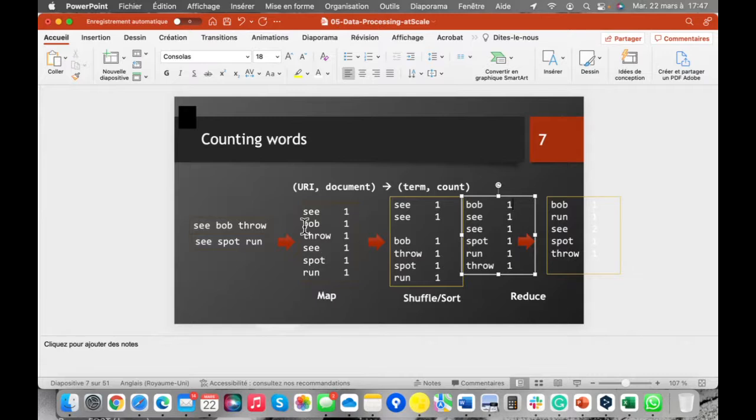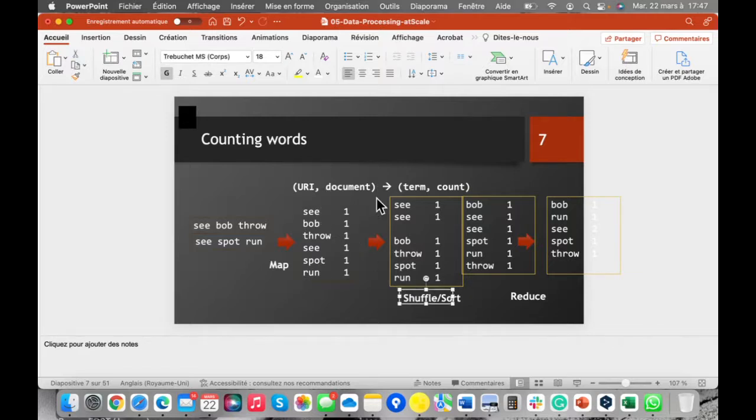So it executes the map function, and map would be here, and this is the result. So I have a text as input, I apply map, and it produces this list of tuples.